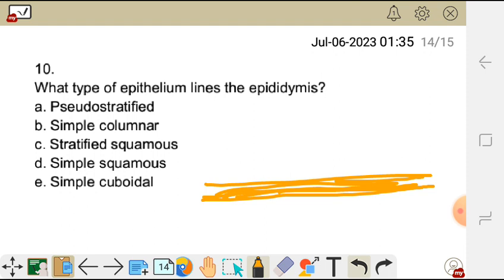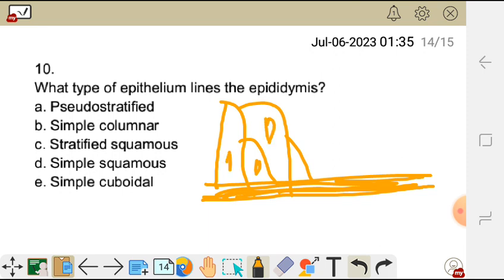Now the epithelial cells of pseudostratified appear like this. All the cells attach on the basement membrane, but they appear to be in a double layer, but it is a single layer of cells.